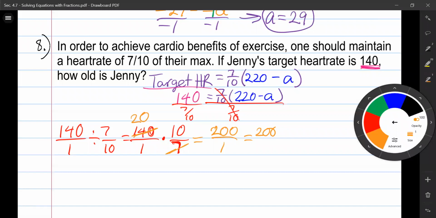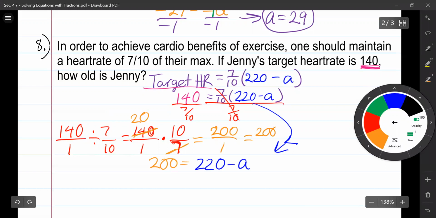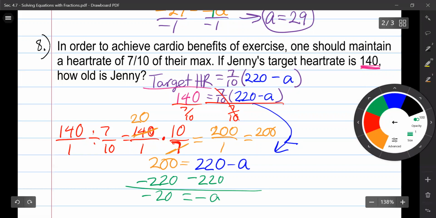All right, so basically then I have 200 equals 220 minus the age. Okay. And then I'm just going to subtract 220 from both sides, which would give me negative 20 equals negative A, which is negative 1A.